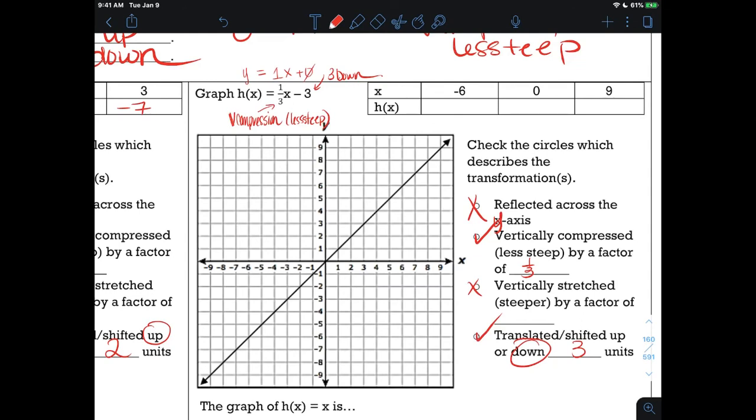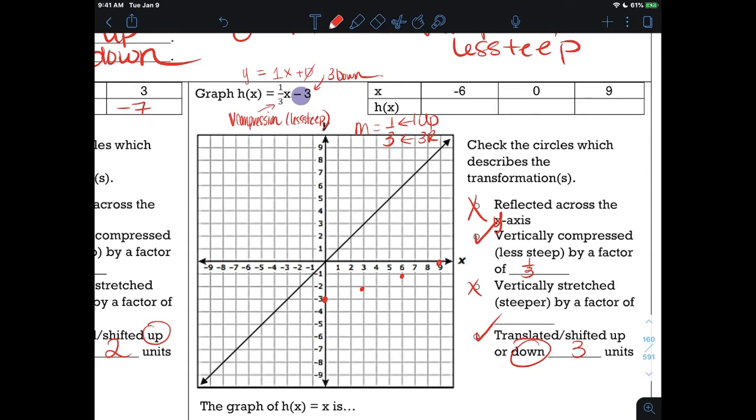Let's go ahead and graph this. First thing I'm looking for is my y-intercept. I'm going to look for that here on my y-axis, -3. I'm going to take my slope, m equals 1 over 3. So it's positive: 1 up, 3 right. So 1 up, 3 right, and I'm going to keep doing that until I run out of graph.